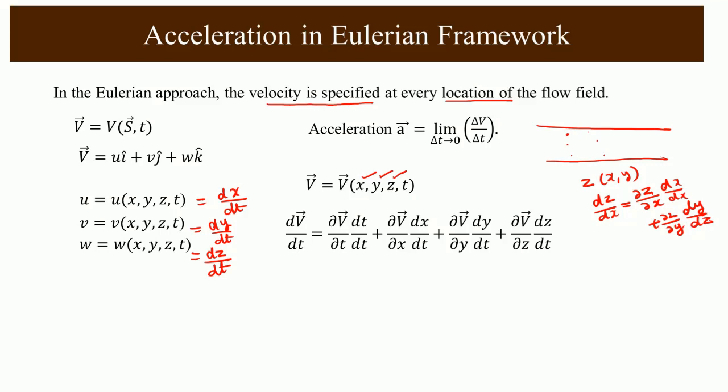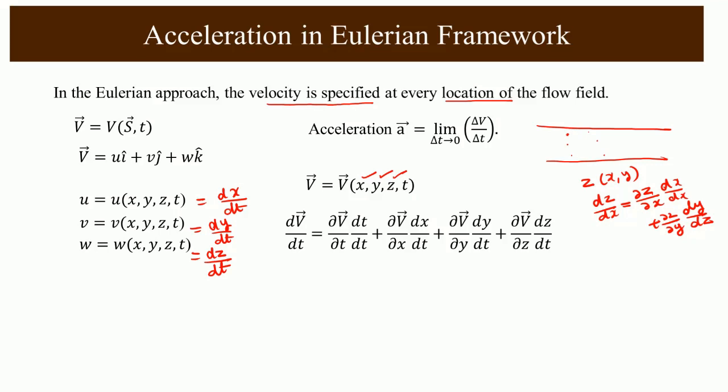This is how it goes. In a similar way, here we have a function of 4 variables. So it is dou v by dou t into dt by dt, plus dou v by dou x into dx by dt, plus dou v by dou y into dy by dt, plus dou v by dou z into dz by dt.